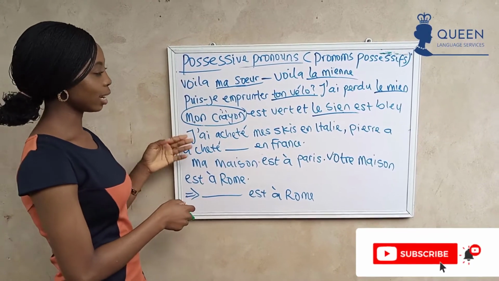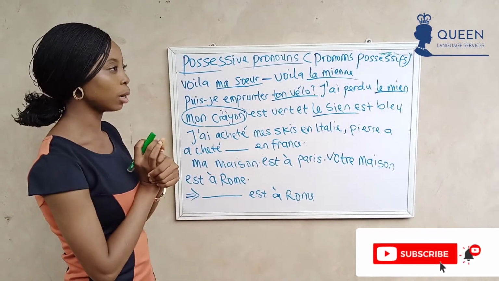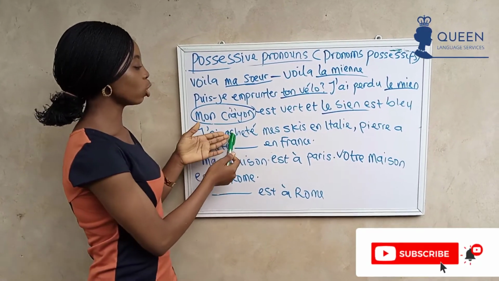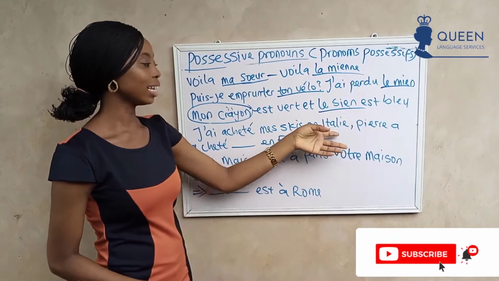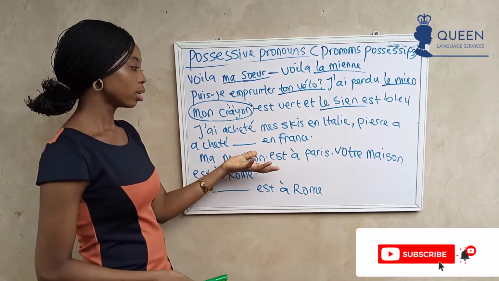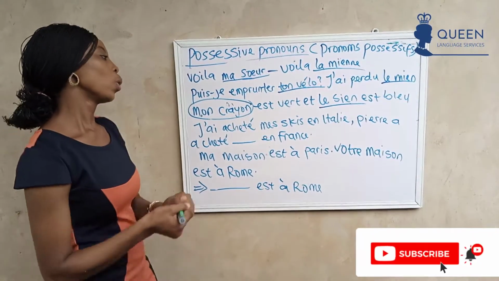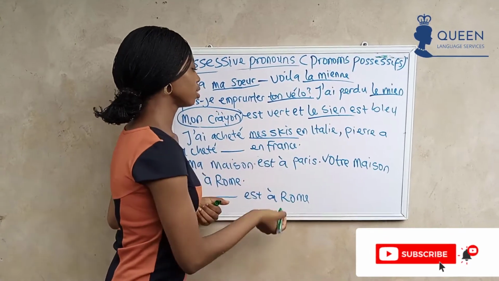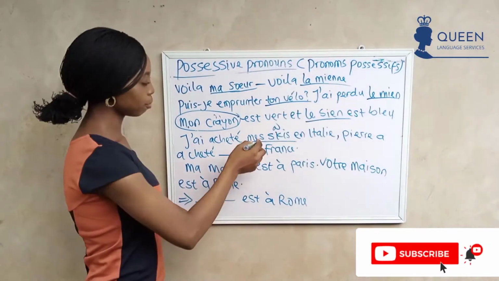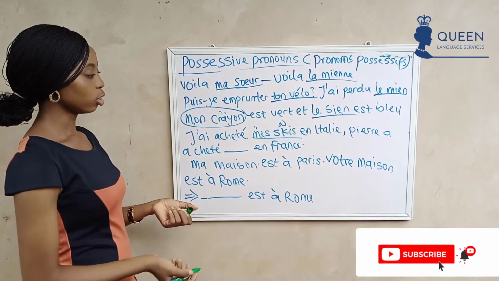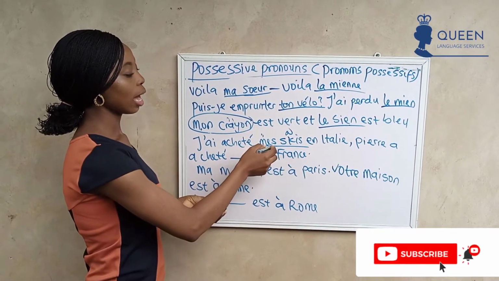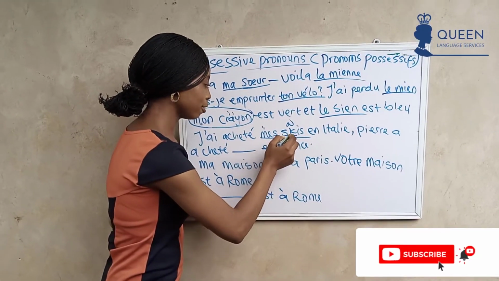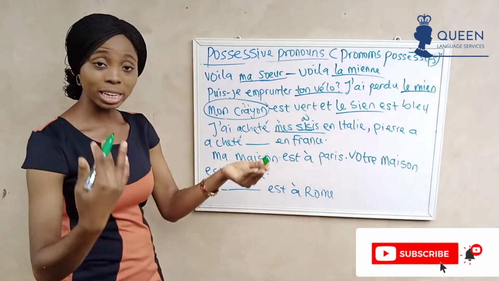So now let's look at another example. We have different forms of examples, but we just touch a little bit. So we have j'ai acheté mes skis en Italie. Pierre a acheté les siens en France. Okay, so now what will be replaced here is our noun and our possessive adjective. We want to identify which of our possessive pronouns we'll be using.